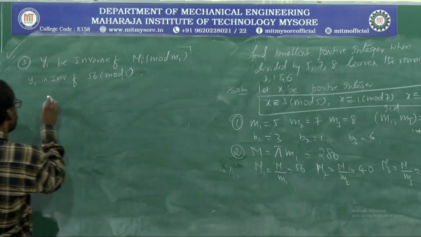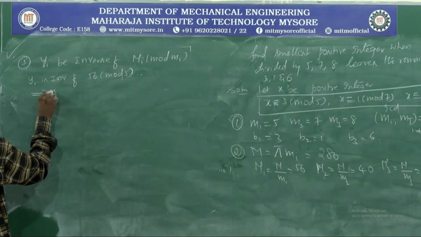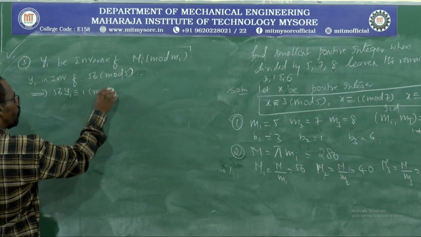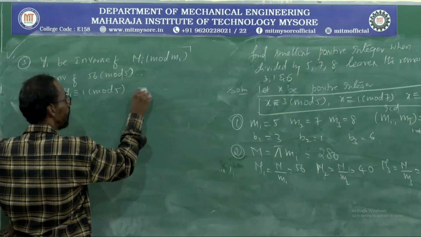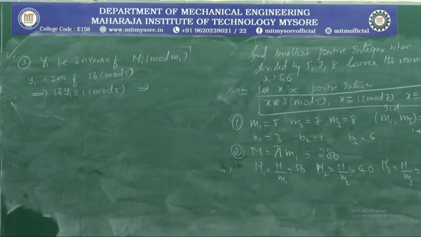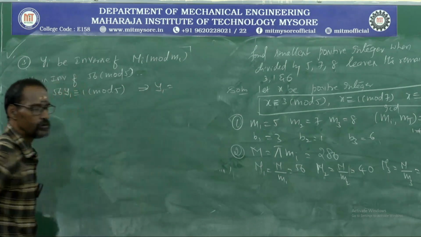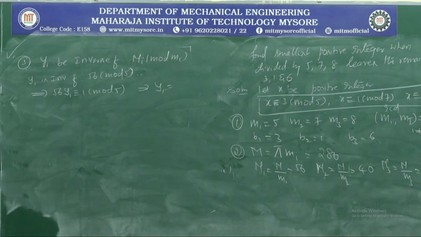This implies 56 y1 is congruent to 1 modulo 5. Either apply inspection or modeling or the extended Euclidean algorithm, I can show that your y1 is equal to 1.